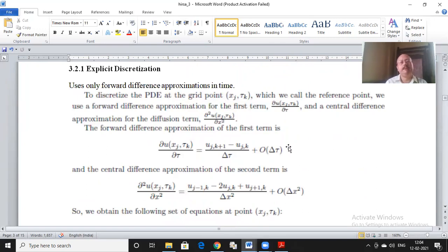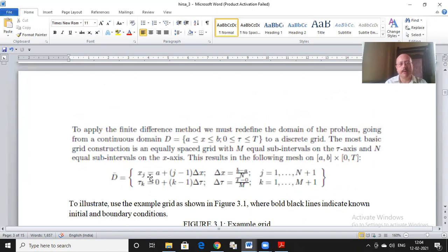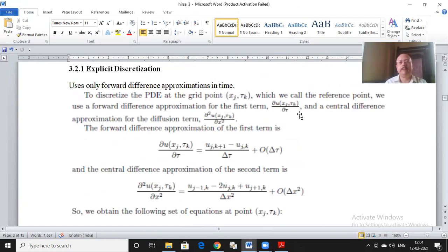So I want to discretize my PDE at any particular grid point xj tau k. So xj tau k belongs to d bar here, a typical point in d bar. So for a typical grid point, call it the reference point, we use a forward difference for the first term, u tau or del u del tau at xj tau k.